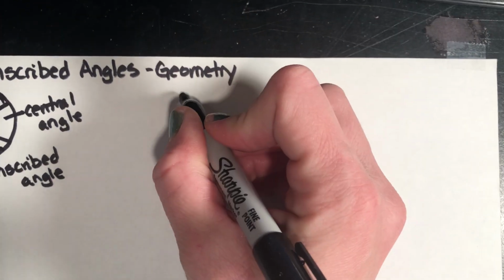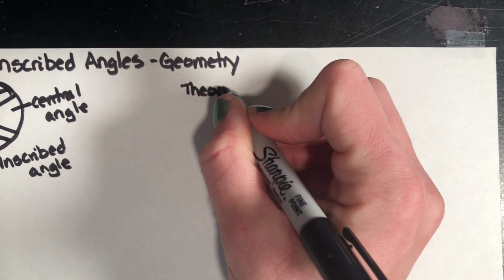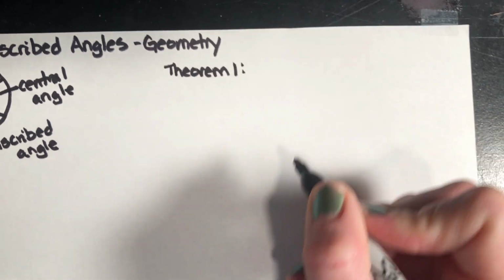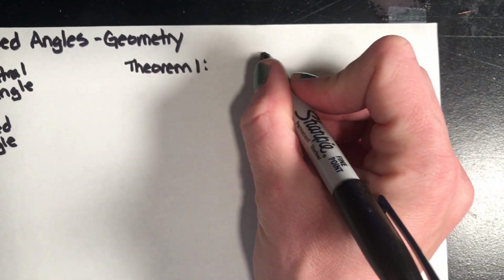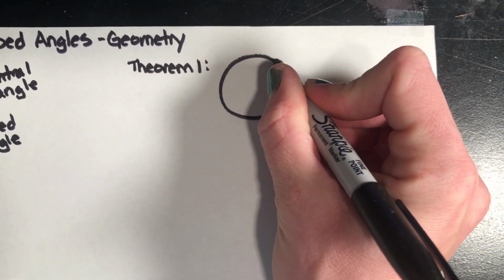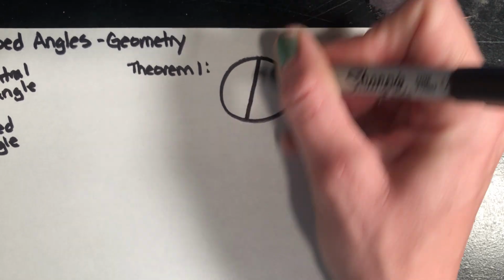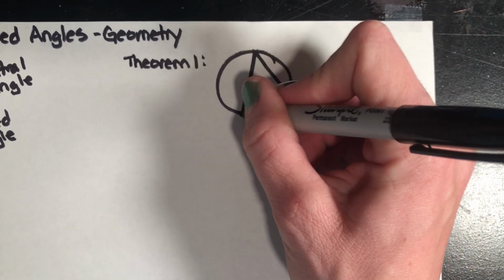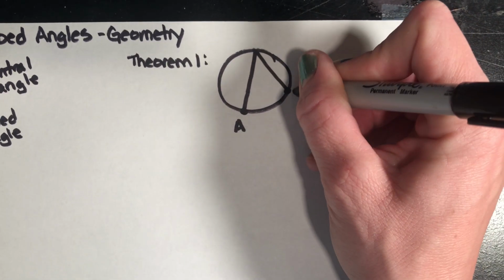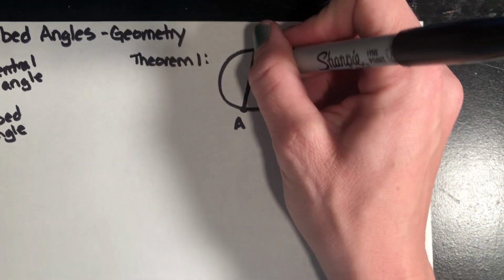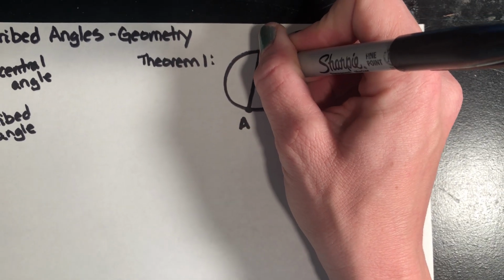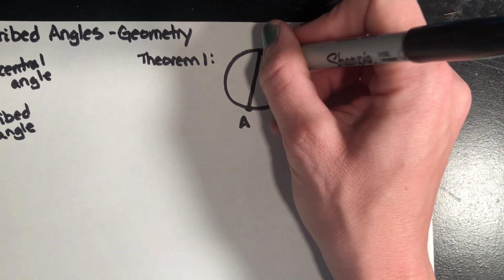Our first theorem, theorem 1, is that if we are given a circle and we have an inscribed angle right here, let's call this A, this will be B, and this angle right here, let's call it angle 1.